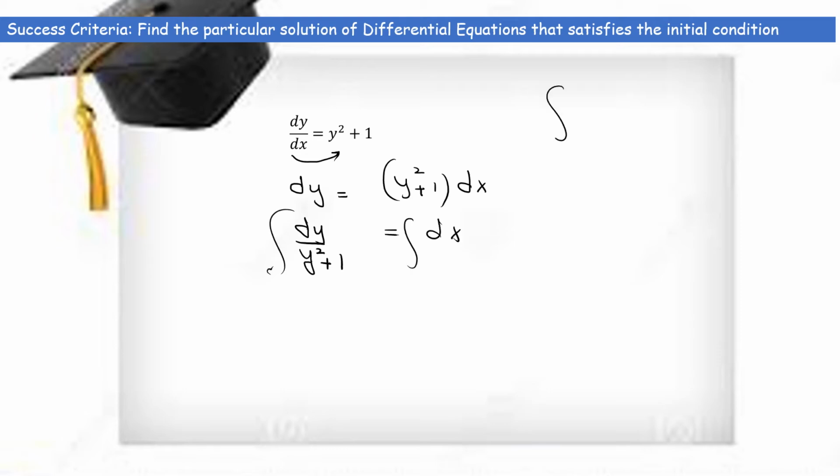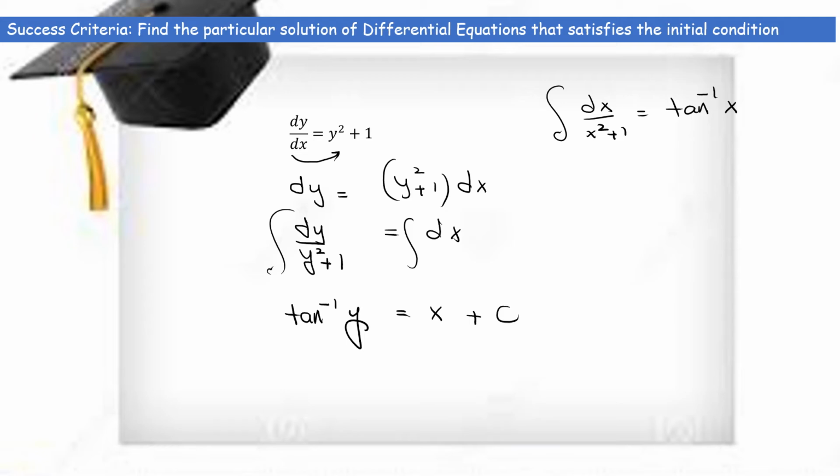We have a formula: dx over x square plus 1 gives you tangent inverse of x plus c. So here it is the same kind, written in the form of y. So we will have the answer as tangent inverse of y equals the antiderivative of dx, which is x plus c.